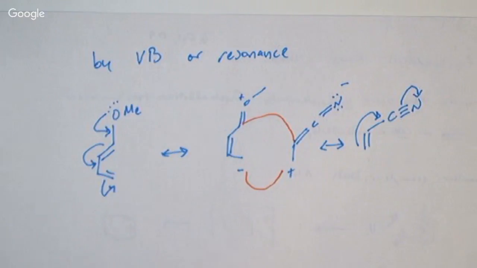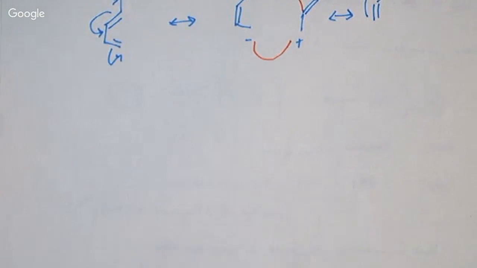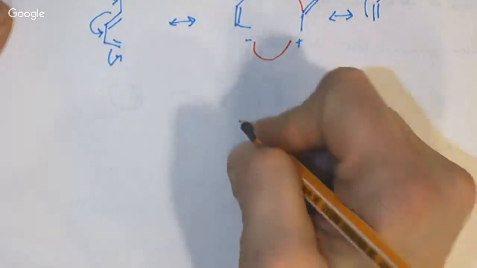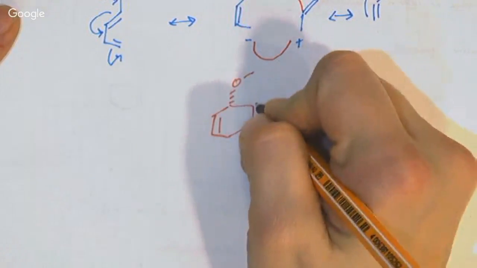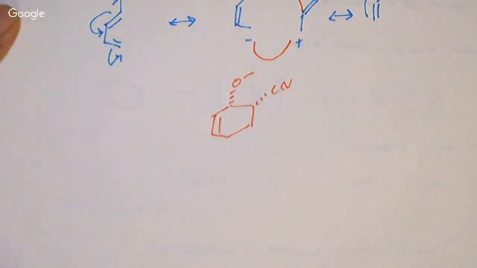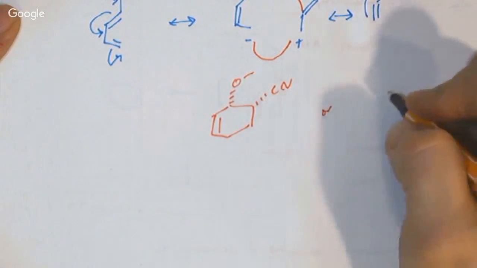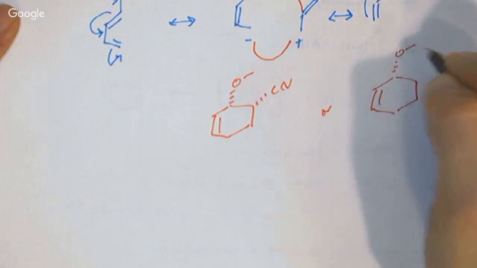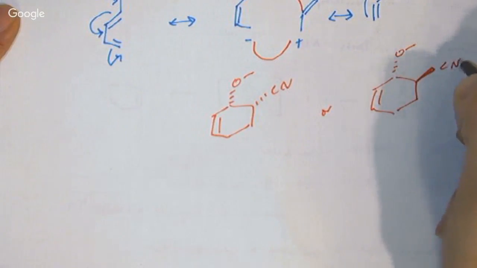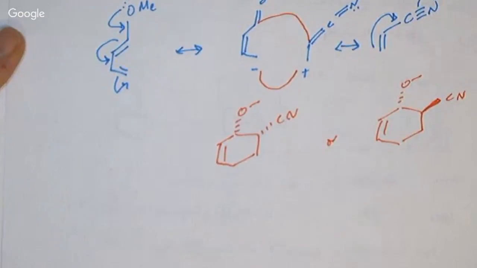Okay. The last thing to talk about for Diels-Alder type reactions is endo or exo selectivity, right? The idea that if we had, say, these two reactants and we bring them together, that we could form that ortho product, or we could form that one, depending on whether we have this endo or exo idea.